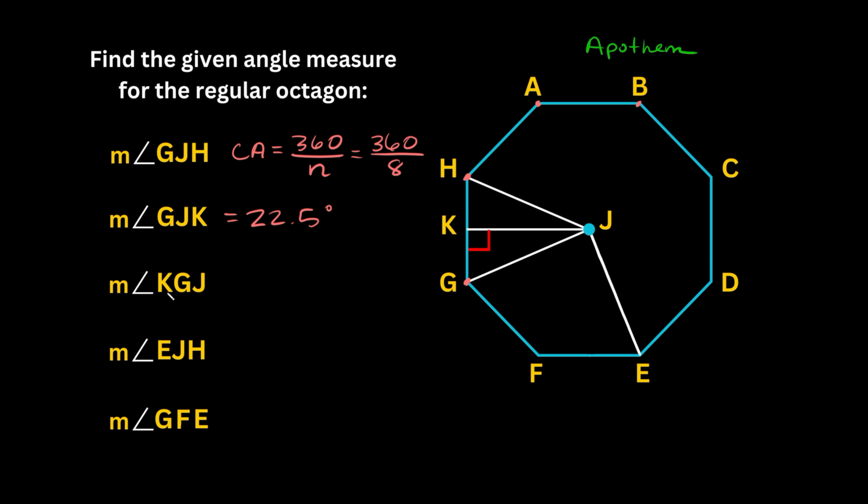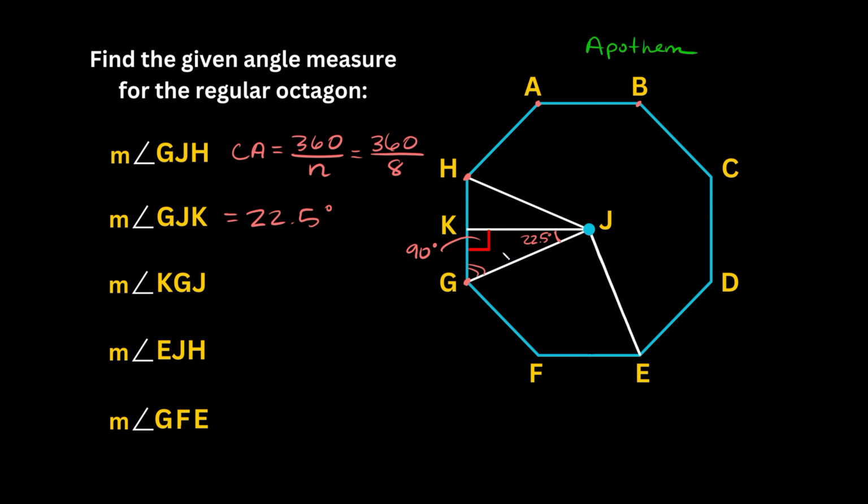Now the next one that we want to find is KGJ. So we already know that this is a right angle, so we know that this is a 90-degree angle. And then we just found this one in the last problem. This is 22.5 degrees. And so to find this last angle, we have a little right triangle right here.